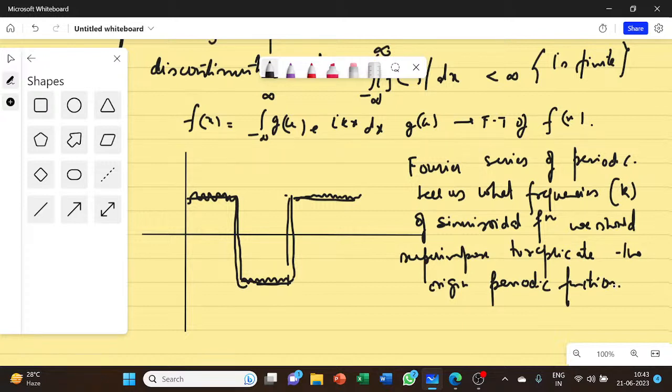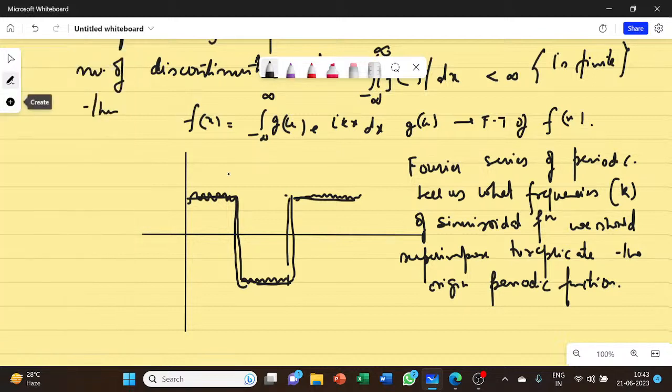So Fourier series helps us in what? Fourier series of a periodic function will tell what frequencies I should select for the sinusoidal functions, so that if I superimpose, I'll get this. Okay, and in turn, what is Fourier transform? Fourier transform is for your aperiodic function, because you have taken t tends to infinity.